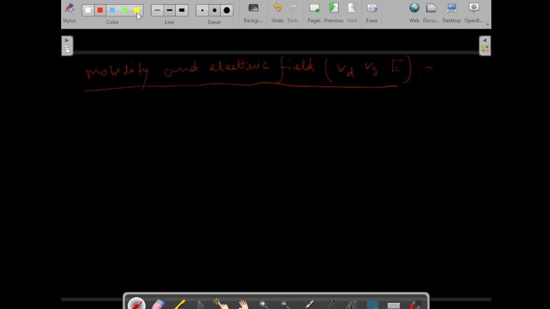Before starting the discussion, I would like to plot a graph between mobility and electric field. So I can plot the graph here.